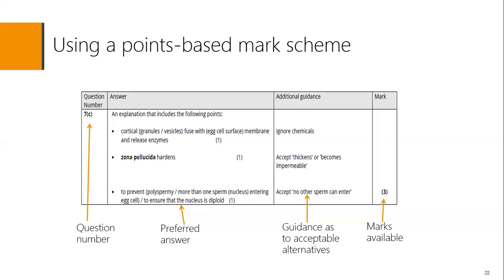The zona pellucida hardens. Zona pellucida is in bold, which means that term has to be used, not anything else. But when it says hardens, thickens or becomes impermeable are acceptable alternatives to hardens.